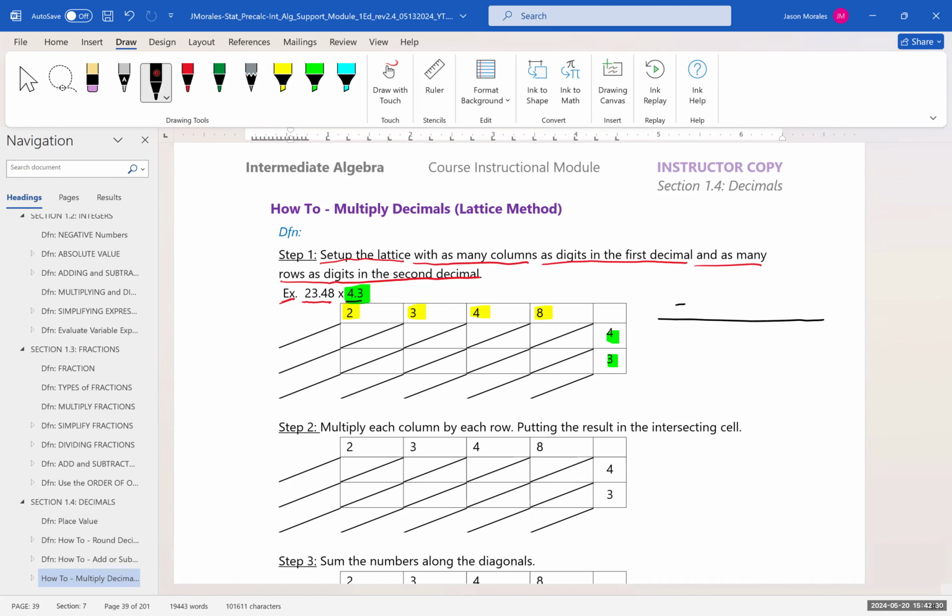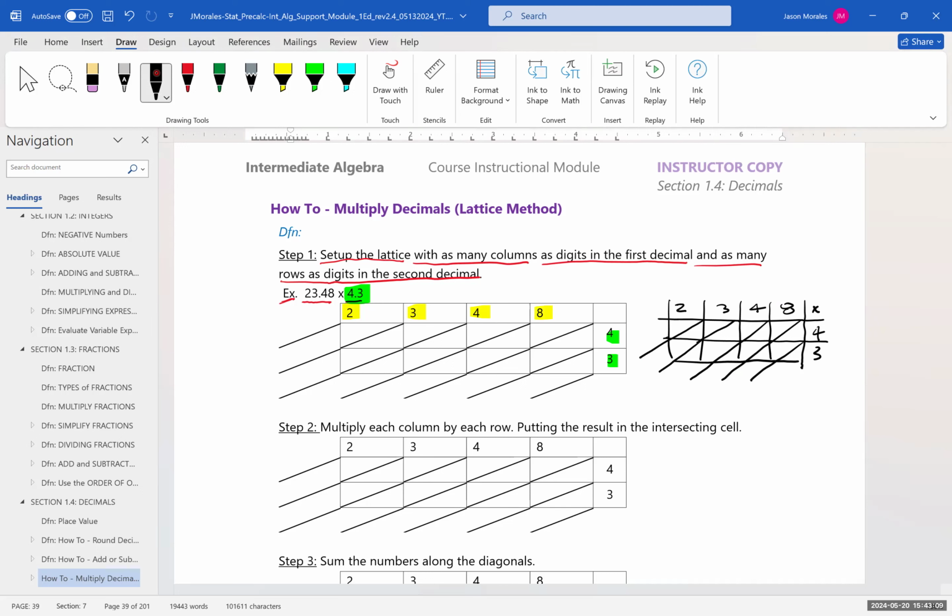Draw a horizontal line, put 2, 3, 4, 8, and down the side, I'll put 43, and then make a grid like that, and then draw some diagonal lines through the corners like that. You could even put a multiplication sign here if you want to say you're multiplying.